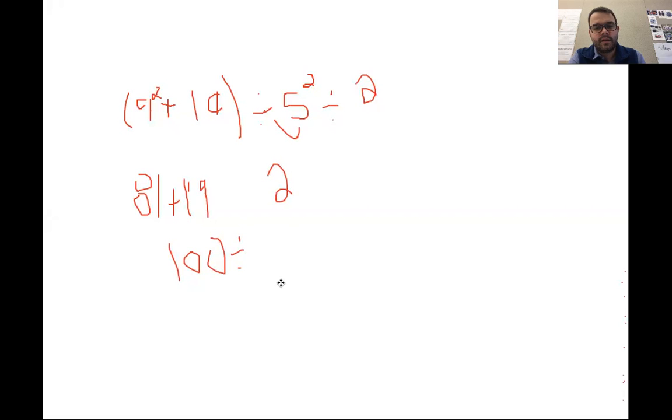So 100 divided by 25, which is 4, divided by 2, which is 2. We have one last problem.